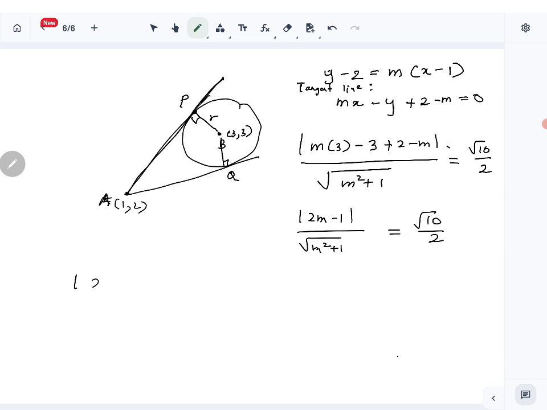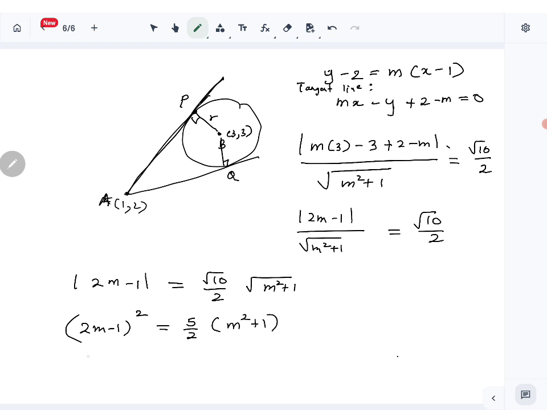So then square both sides: (2m − 1)² equals 10/4, so 5/2, times (m² + 1). Expand brackets and so on. So 2 comes to this side: 4m² − 4m + 1 equals 5m² + 5.